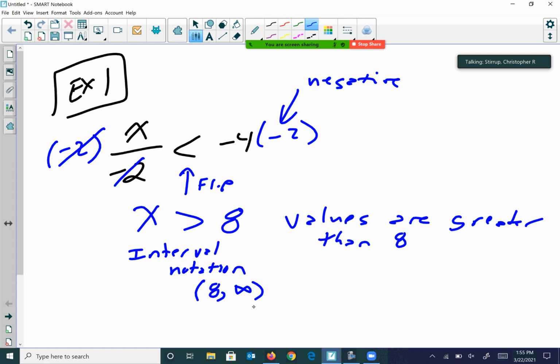And then if I wanted to graph it on a line, you would basically have a number line. Say 0 here, you have 8 here. This would have an open dot and shading for values greater than 8. So there's different types of things that I'll be looking at when you guys are doing these problems.